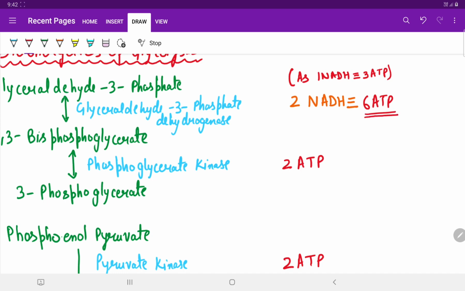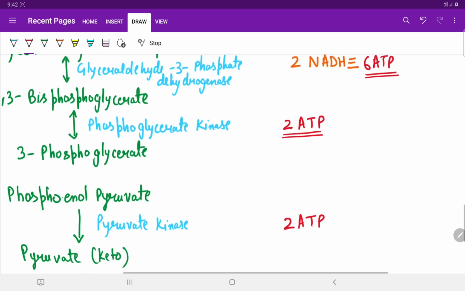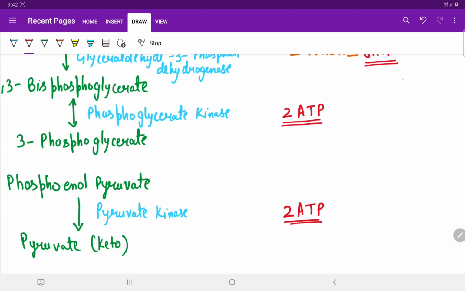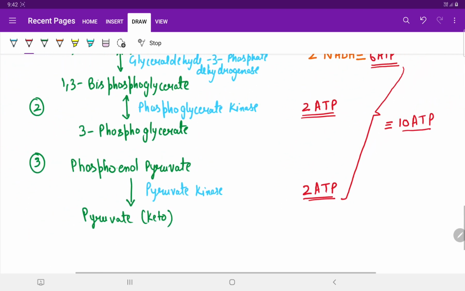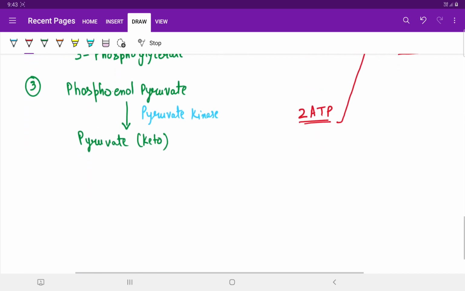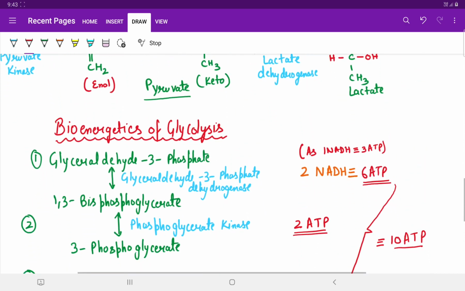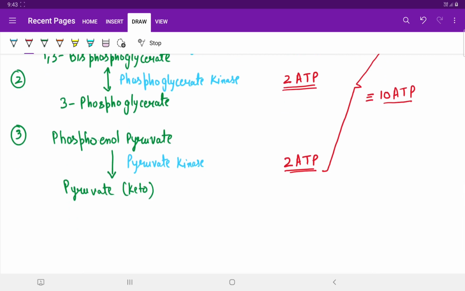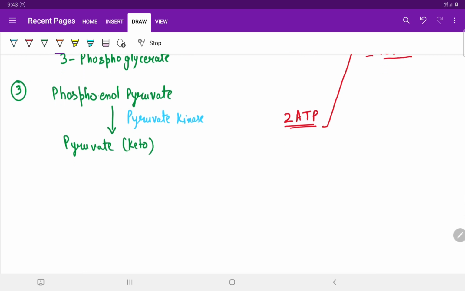Now let us see how many ATPs are generated. So from here it is clear that there is total generation of 10 ATP molecules, but we know that during the energy investment phase there was consumption of 2 ATP molecules.